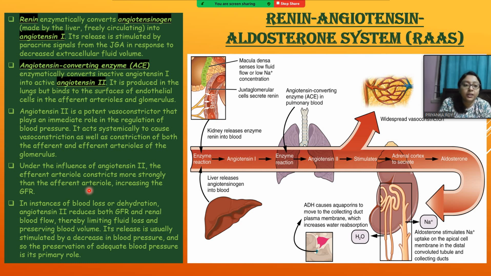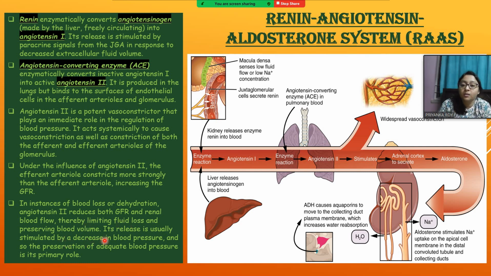Okay, so now this angiotensin 2 has done its vasoconstriction activity. In instances of blood loss or dehydration, this angiotensin 2 reduces both GFR and renal blood flow, therefore limiting the fluid loss and preserving the blood volume.